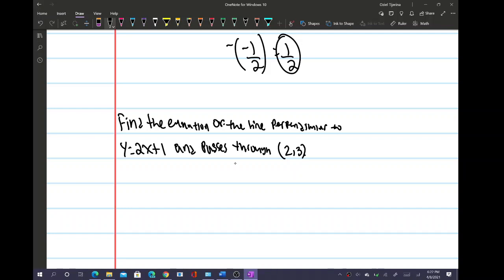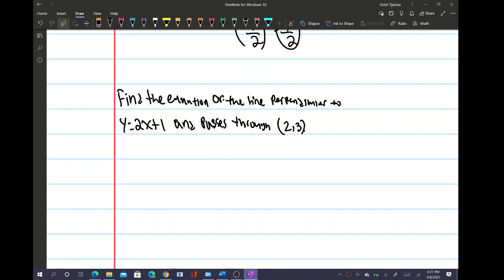What you're going to do is, we know that our slope is 2, so m equals 2 over 1.